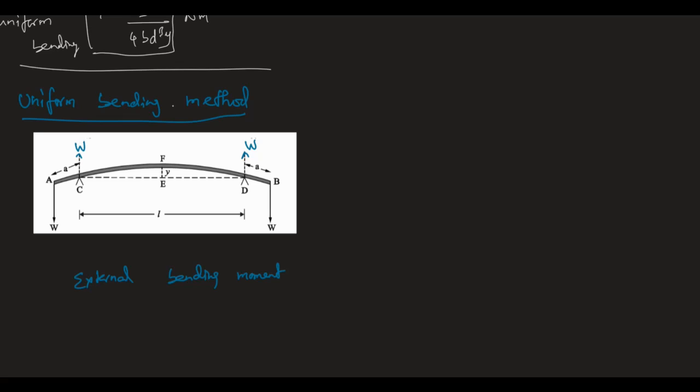We are applying forces in two opposite directions. If you see the free body diagram, this will make a type of arc, so that moment will be like AC into W. But if you see it properly, this external bending moment is the distance between the opposite forces, that is A, and the force is W. So W into AC. So AC is nothing but a, giving W a.